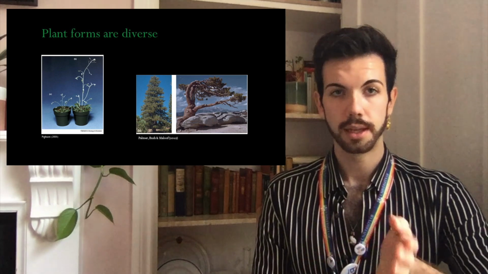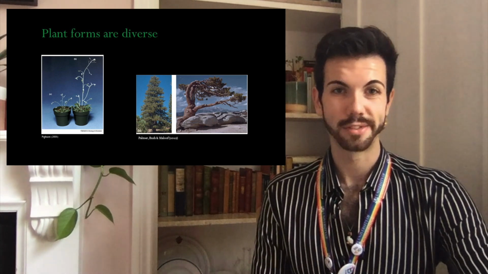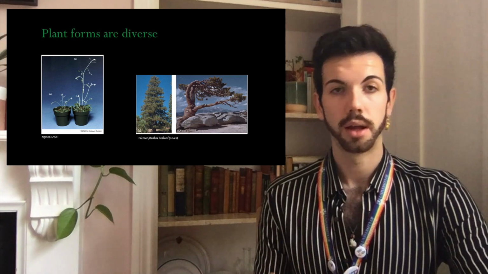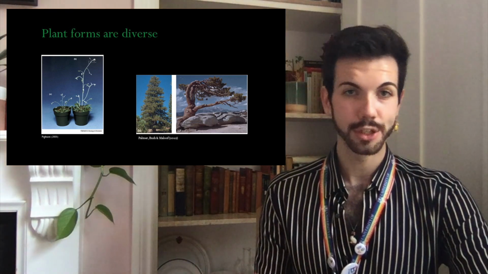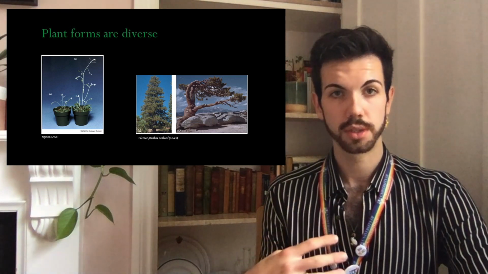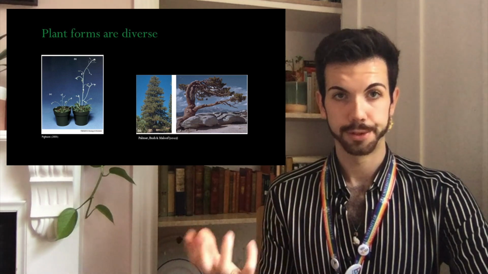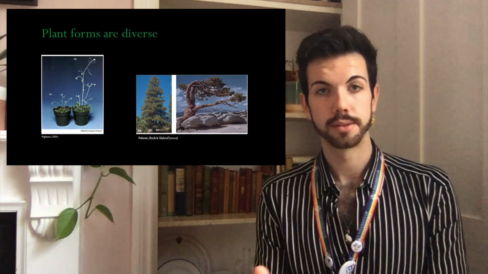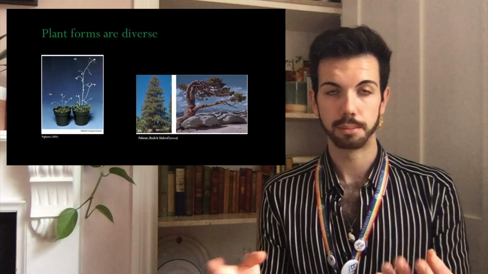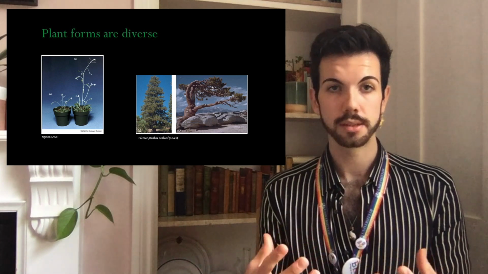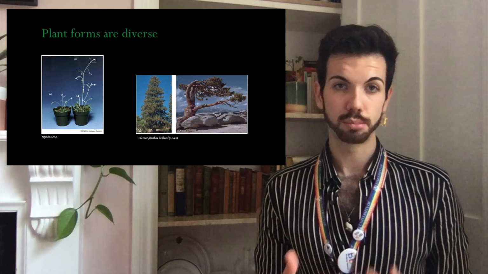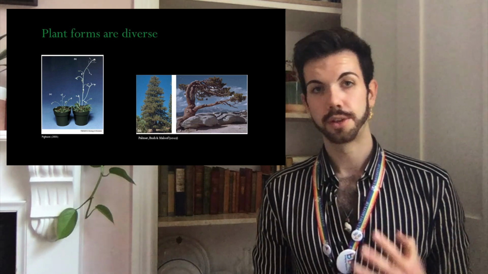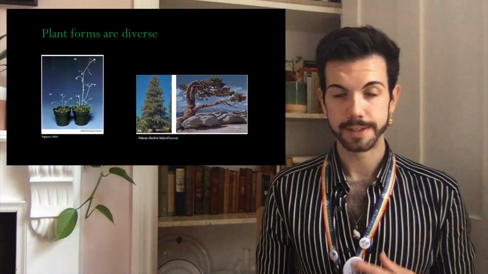The one on the left has been exposed to mechanical stimulation to mimic wind, and the one on the right has not. And you can see that the one on the left is much shorter compared to the one on the right. The reason for this is that if the plant is in high wind and it's shorter, it's much less likely to break and be damaged. So this is an advantageous form for it to take.